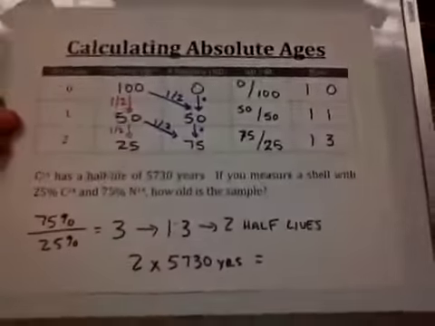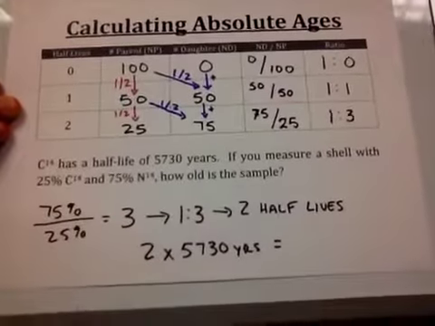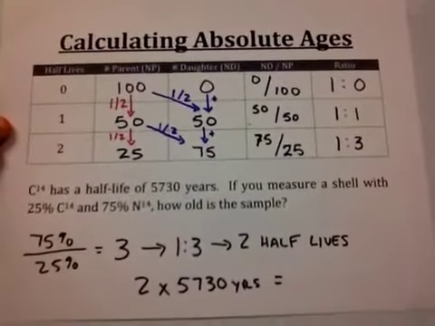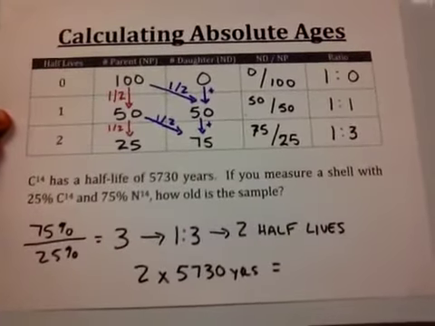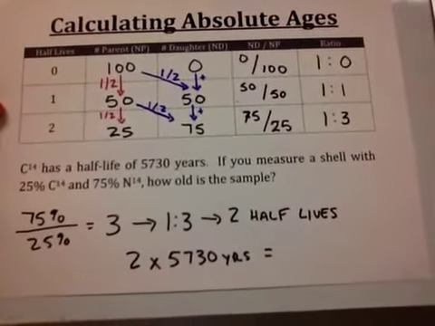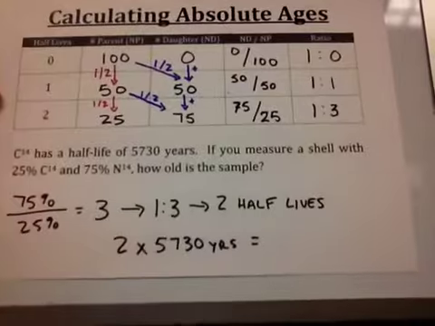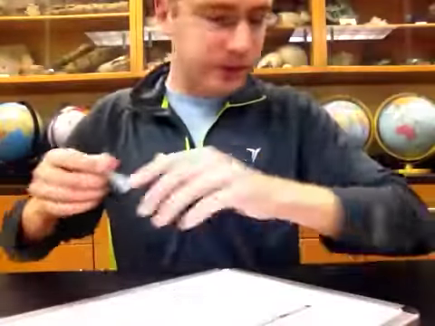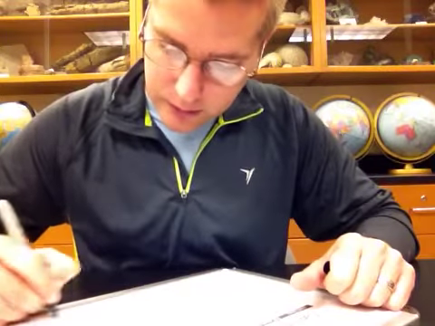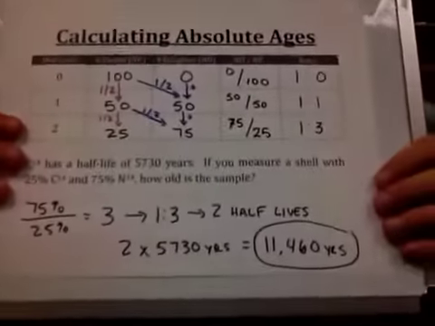We can set up a simple equation where we take 2, our number of half-lives, times the amount of time for each half-life, which is 5,730 years. You can plug that into a calculator, and you will get an age of the shell that is 11,460 years old.